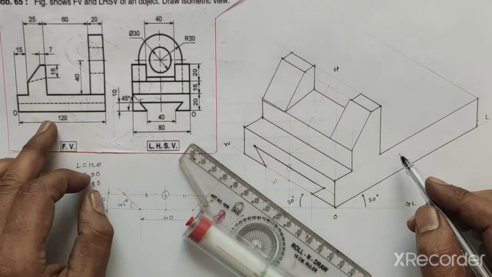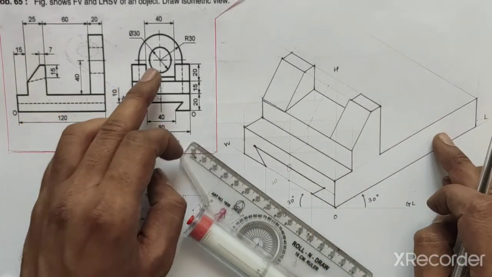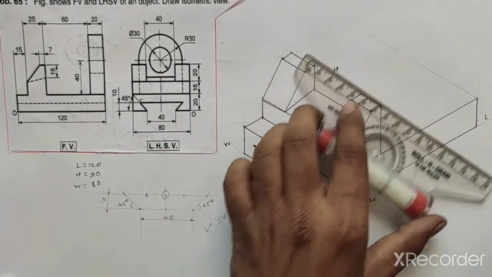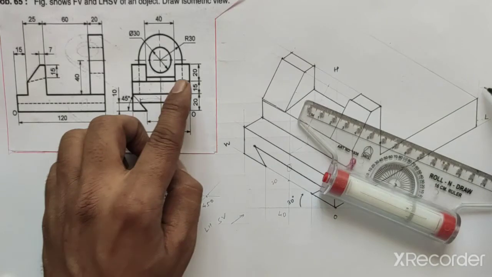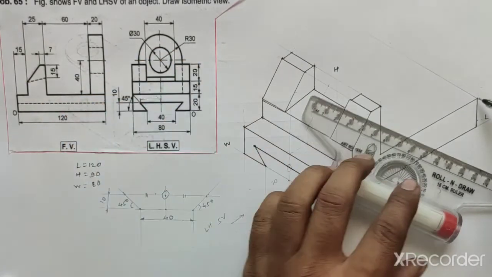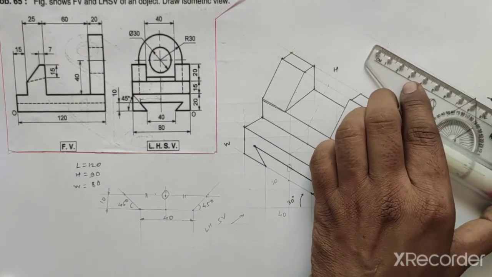Okay, so this part is completed. So this is the first part. The second part is a semicircle plate present at the back end. It is present exactly at the middle, having a total diameter of 60 mm. The total plate is 80 mm.